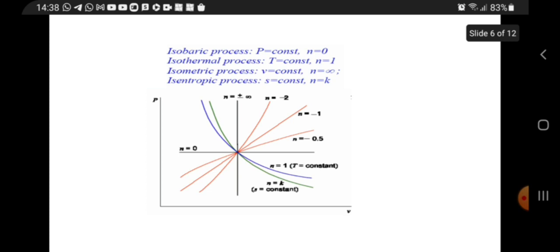Isentropic process, S equal to constant, n equal to k. In the chart, the x-axis is volume and the y-axis is pressure, with the values for n such as minus 2 and minus 1 shown. Each process has its own constant index value, which changes with the process.